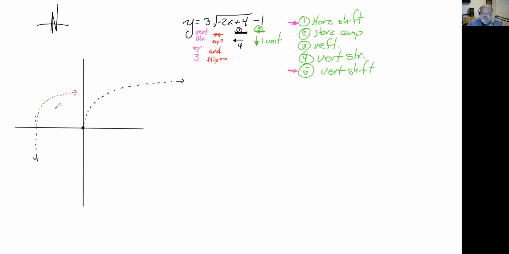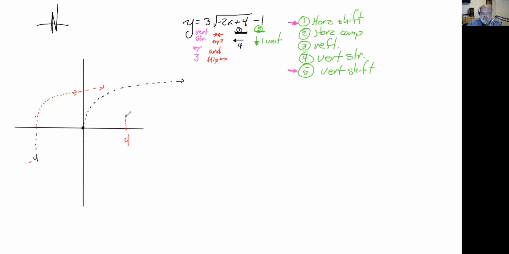Then it's going to flip left and right. So it's going to flip to, oops, not that way. So it goes this way. Everything that's on this side is going to flip over here to positive 4. Everything on this side is going to flip to the other side.